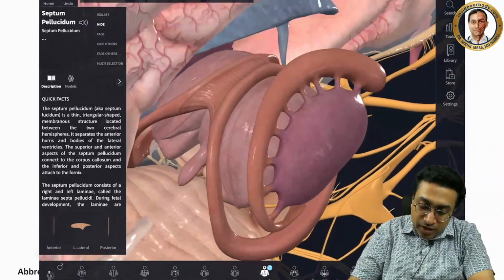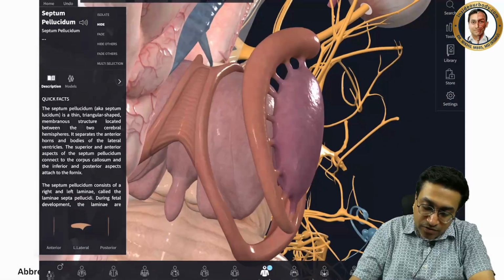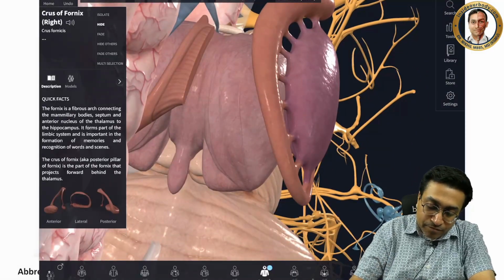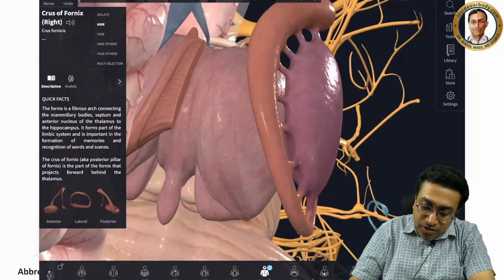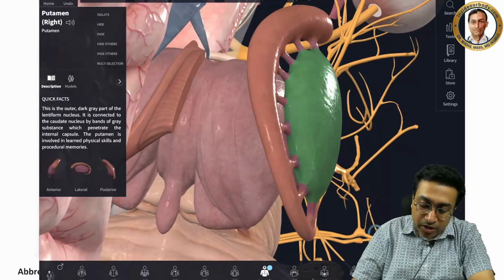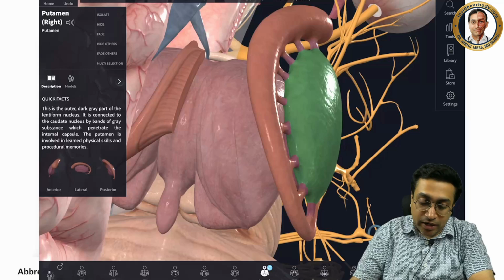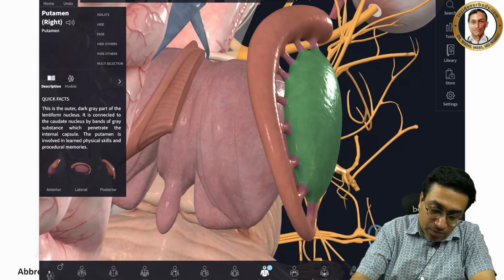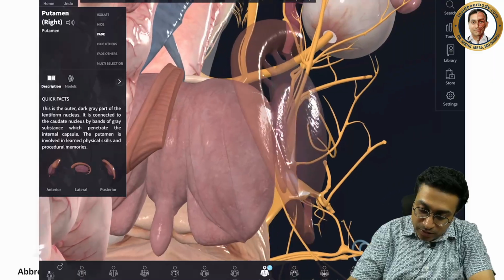So now we have better clarity. Now you can see another structure here. Let me remove that also. This is the fornix. Okay, now you can see the structures medial to the putamen. So this is the putamen. I will just put it faded. Yeah, you can see better.